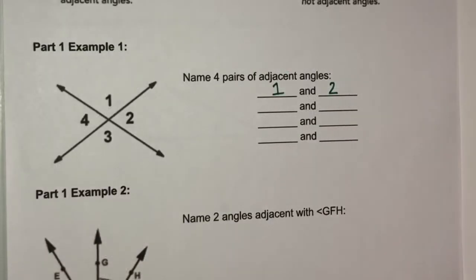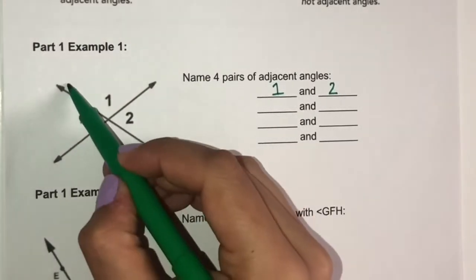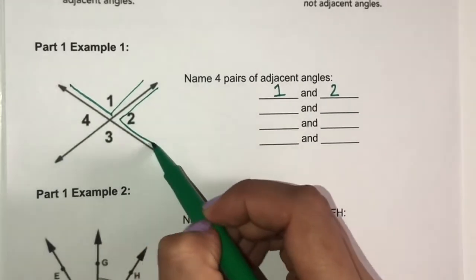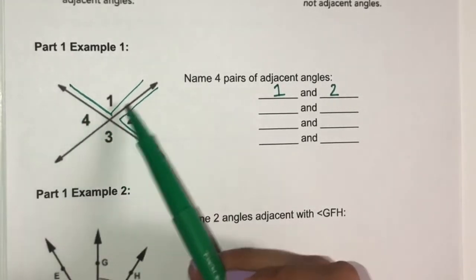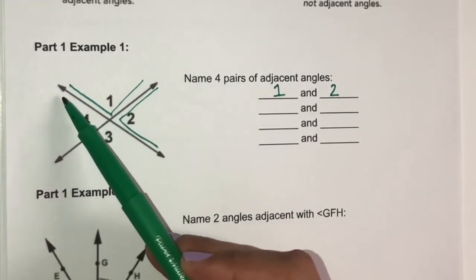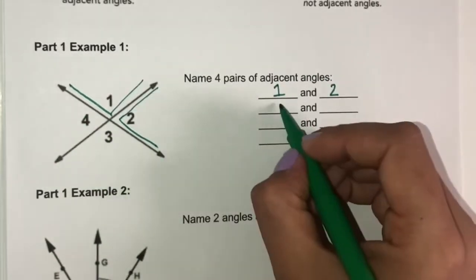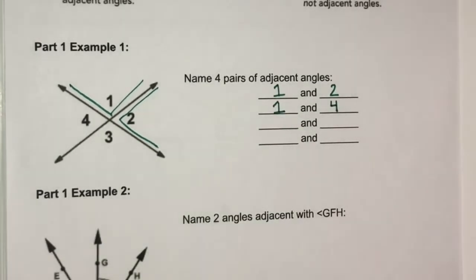Alright, so we're going to name 3 other pairs of adjacent angles. We already said angle 1 and angle 2 are adjacent to each other. Well, we also know that angle 1 is also adjacent to angle 4. They share a vertex and a side. So, angle 1 and angle 4.